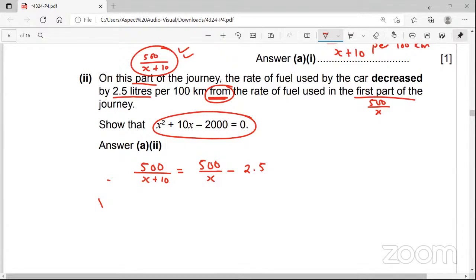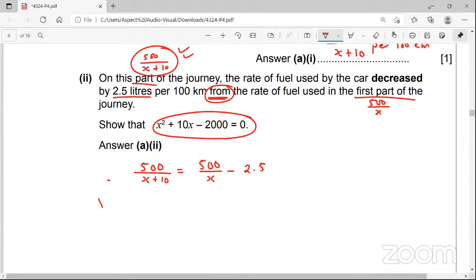Okay. And then what do we do from there? Why are we moving it? Okay, what do you see that's common to this fraction and that fraction? They are like terms. Okay, so you are collecting your like terms on one side of your equation because they both have x.